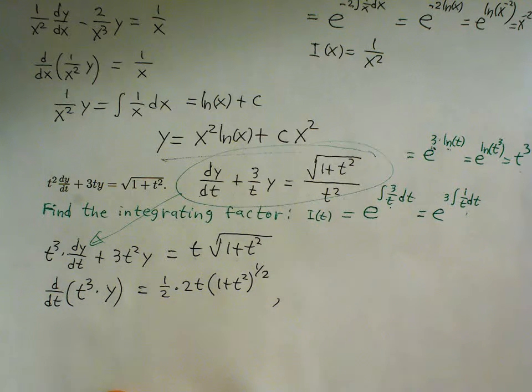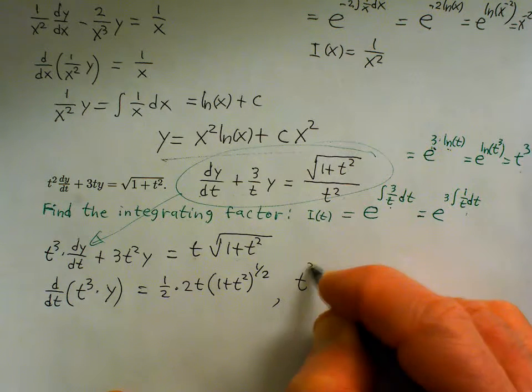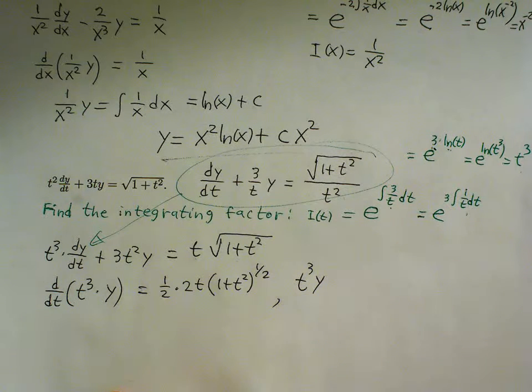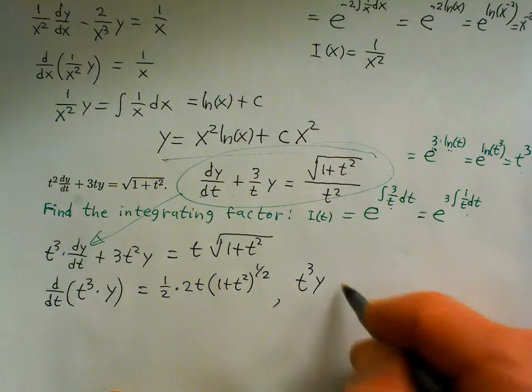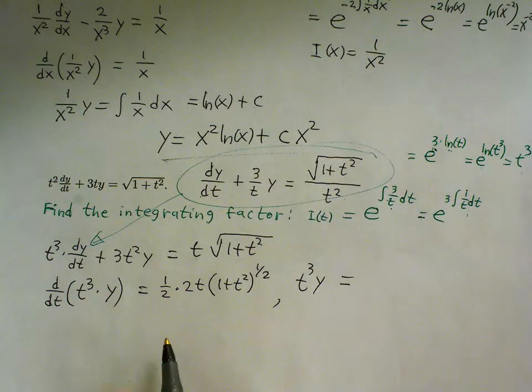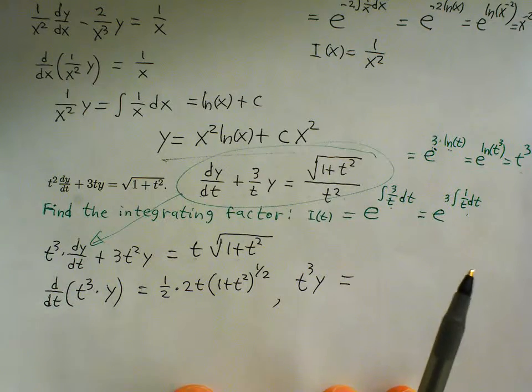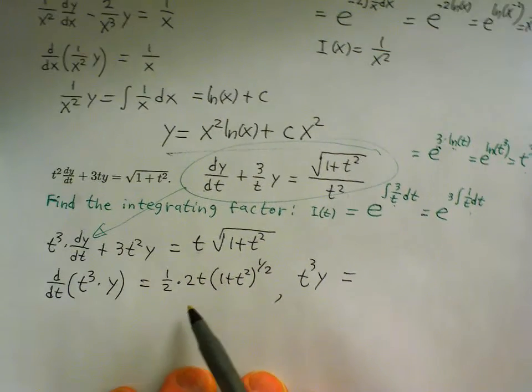Okay, now we'll integrate both sides. The left-hand side is t to the third y. I might as well go ahead and write it out.